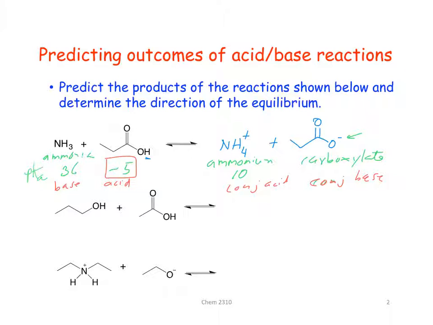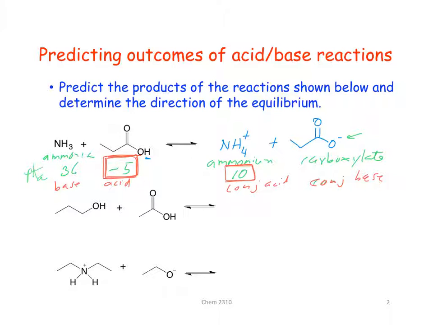So to determine which direction the equilibrium will lie, we look at the stronger acid on each side of the equation. All right, so that was this carboxylic acid on the left. And we're going to compare that to the stronger acid, which is ammonium on the right.